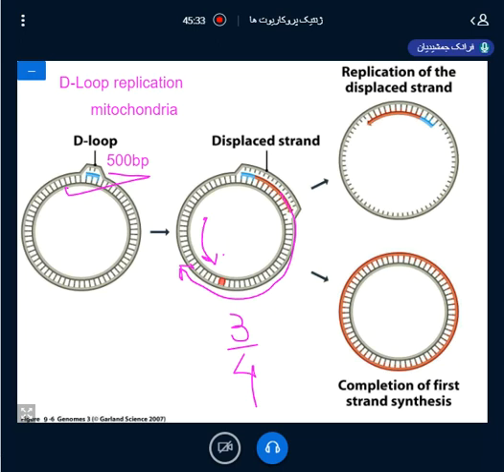So now they have the same role, 23 mother, 23 father. But we have mitochondria DNA too.